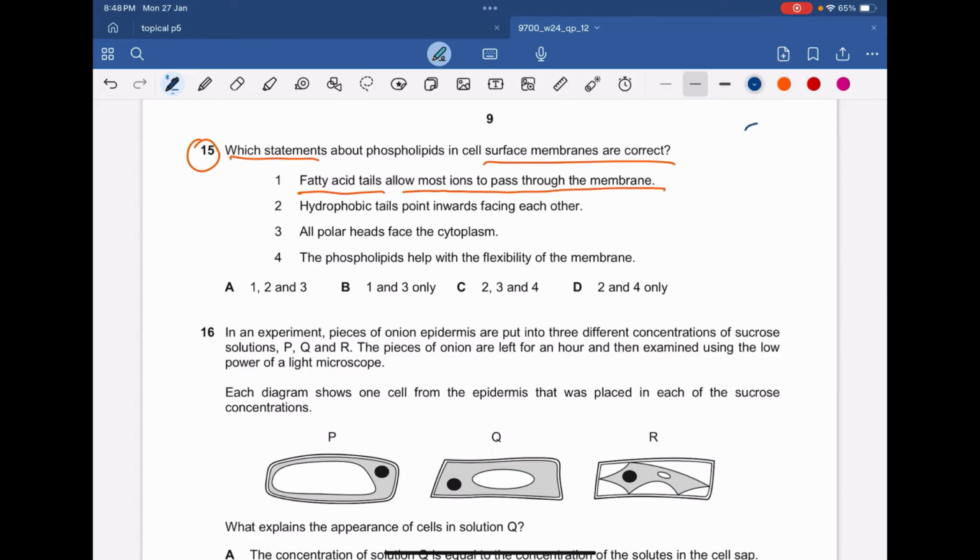We know that the molecule of the phospholipid is hydrophilic from the head and hydrophobic from the tails. So basically the fatty acid tails are hydrophobic in nature. They are hydrophobic in nature, and hydrophobic means that they are water fearing, right? Let me correct the spelling of hydrophobic.